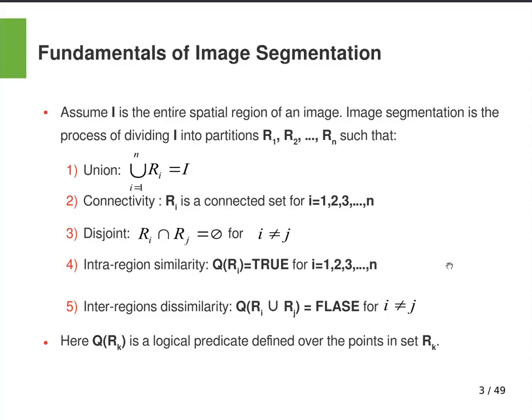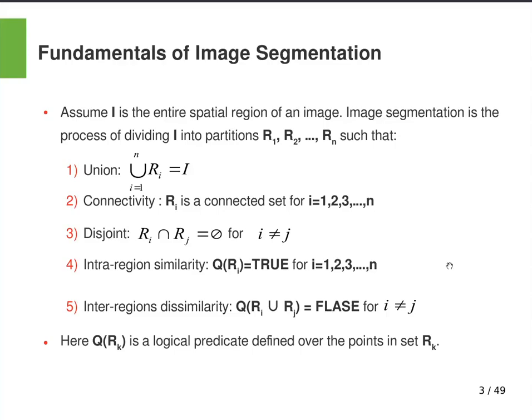Let's say you're using the intensity values to do the segmentation. All the pixels that are in the same region need to have similar intensity values, because the intensity values were the measure for doing the segmentation.